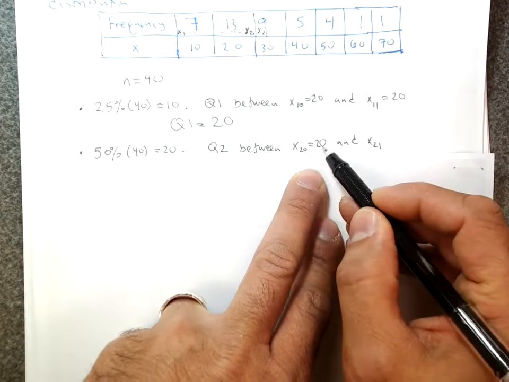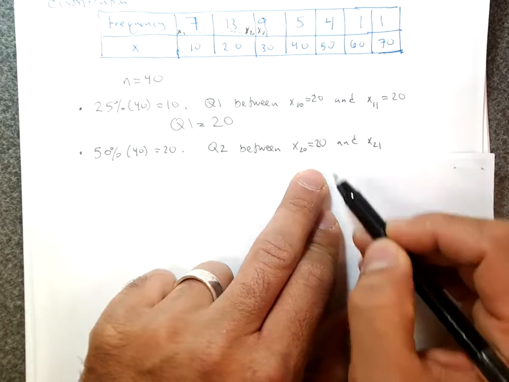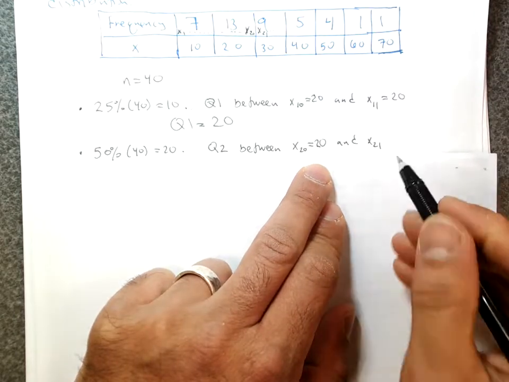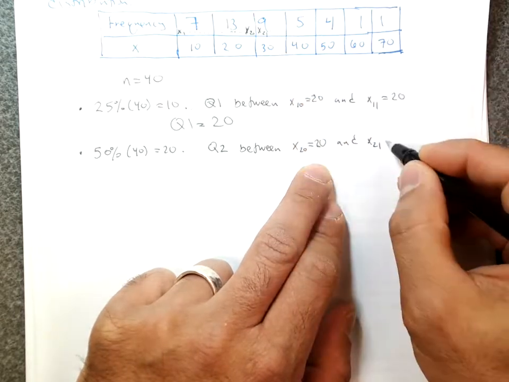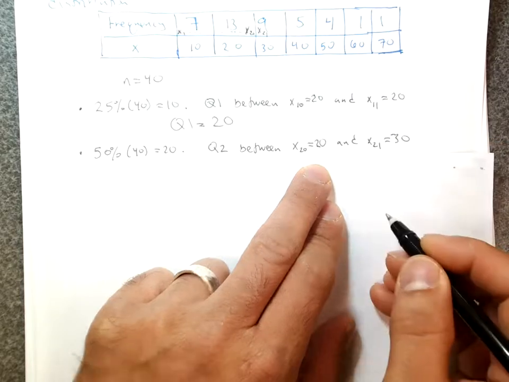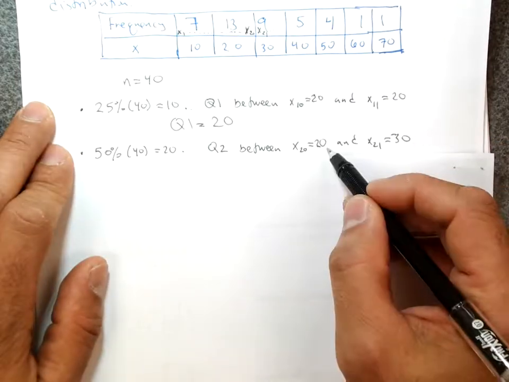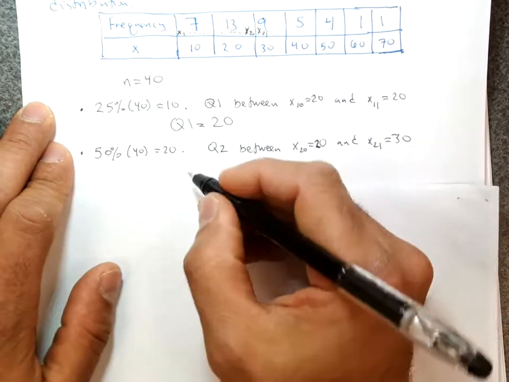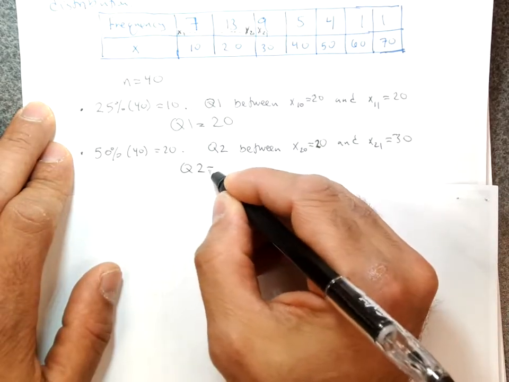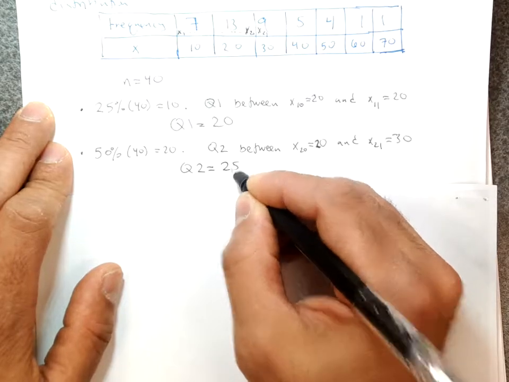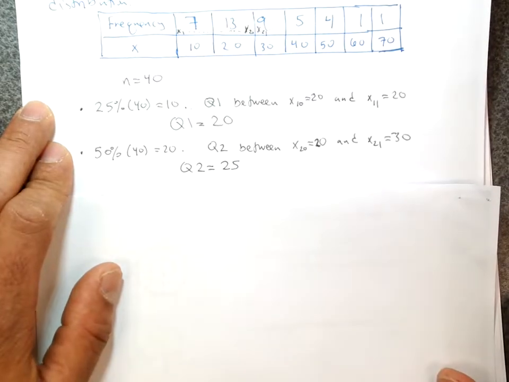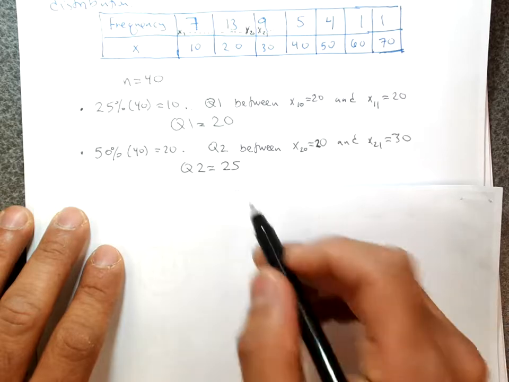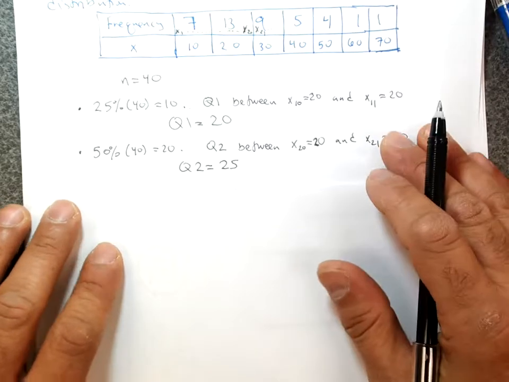Hopefully you don't get confused by those being the same; sorry about that, that's a total accident. And x21 is 30. The halfway point between 20 and 30 is 25, which you can find by taking the average of 20 and 30 if you don't see it. So there's my second quartile, my median.